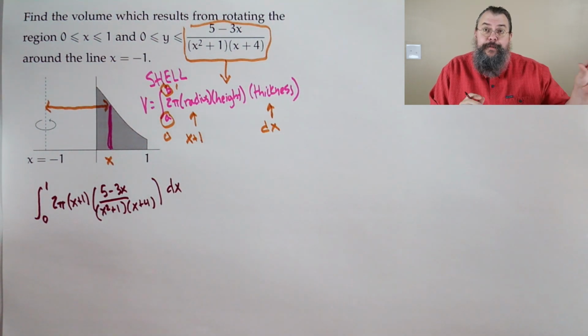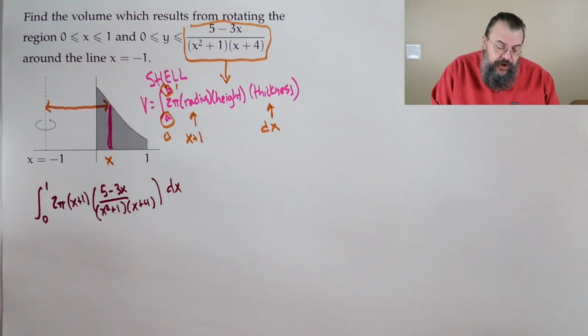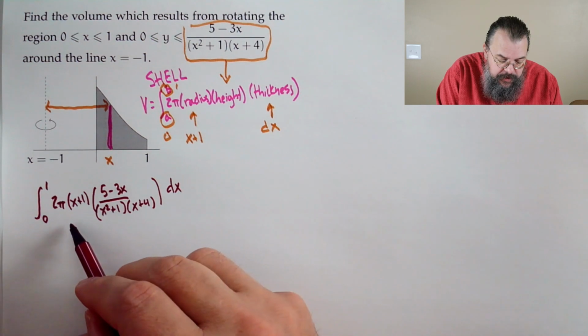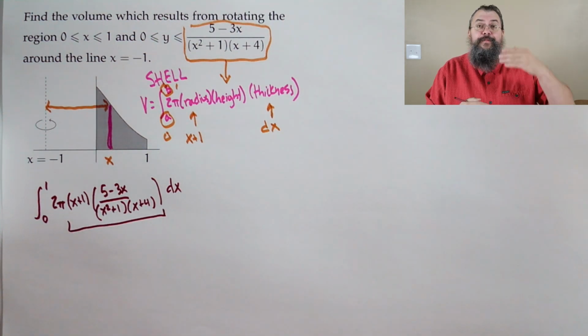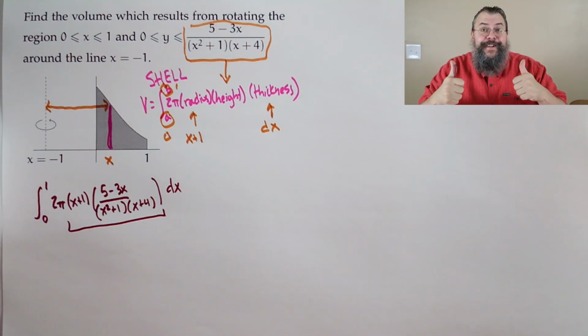Okay, let's not worry about the 2 pi. That's a constant. So most of our job is going to be saying, what can we do with this part? Now, if you look at it, what do you see? It's polynomial over polynomial, which is a rational function. So it's like, okay, good thing for today.